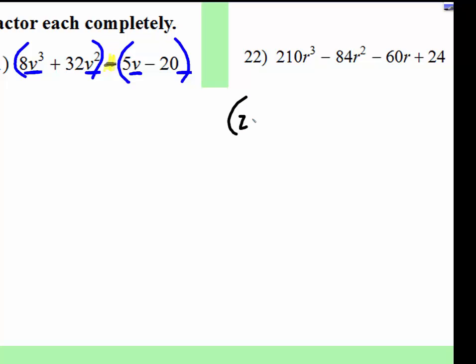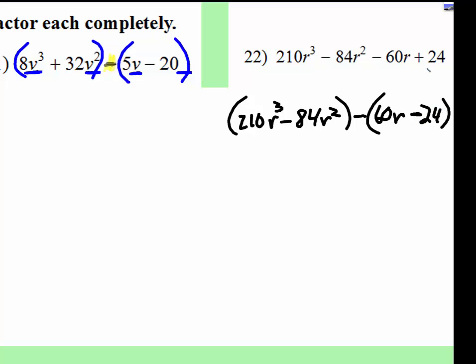So we have 210r cubed minus 84r squared, subtract 60r, because we're putting the parentheses, we're going to flip that sign.